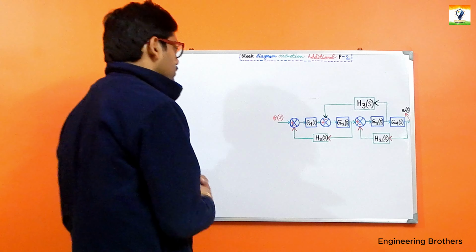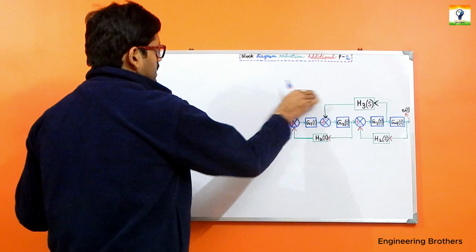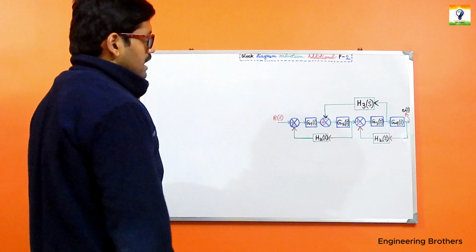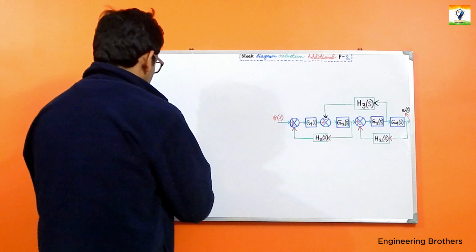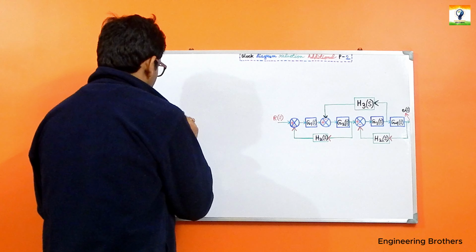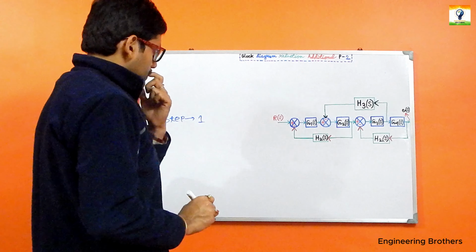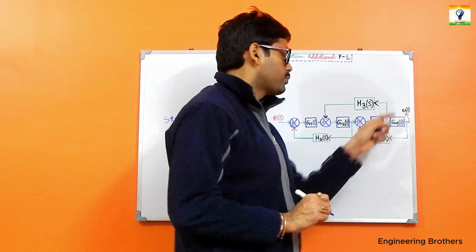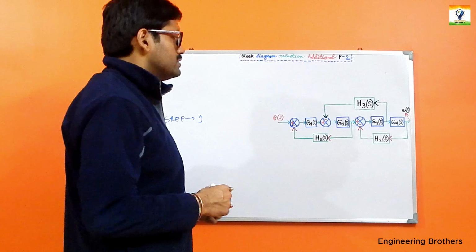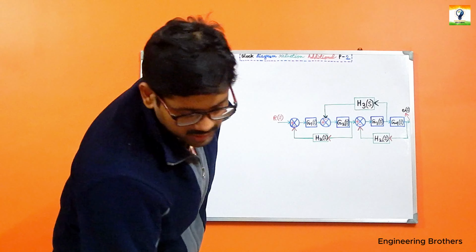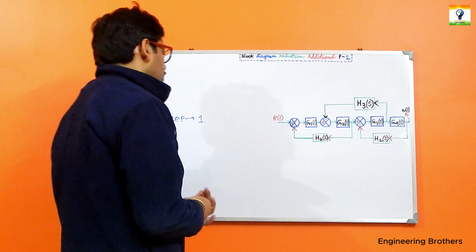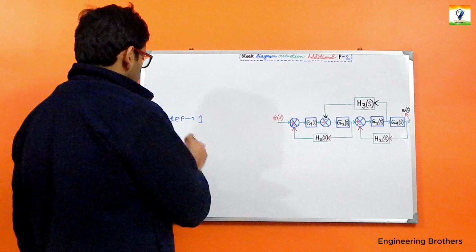Now for our step 1, we have shifted the take off point after our G4(S). If we have shifted the take off point after our block of G4(S), then what is going to be the changed form of the block diagram? I am just going to show you.